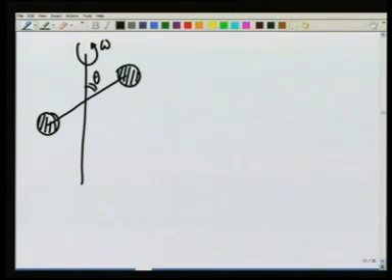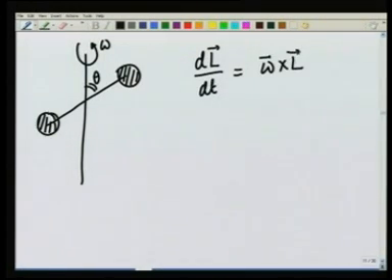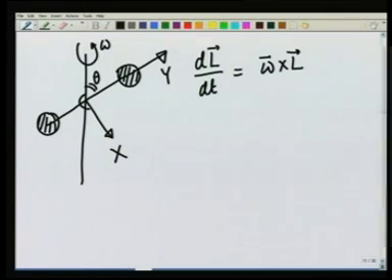Recall earlier that we had solved this problem with dL/dt equals omega cross L, because omega was not changing with time. In addition, omega had constant components along the principal axis of the body, which I took to be x in this direction, y in this direction, and z therefore coming out.